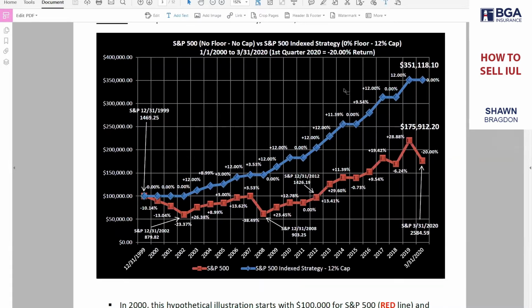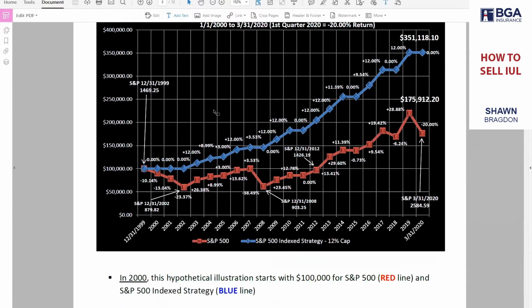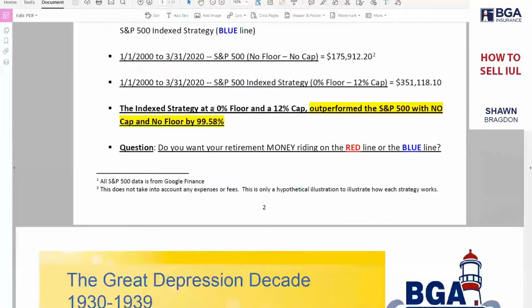By contrast, if you put the same $100,000 into an index UL, this blue line, and you have a zero floor and a 12% cap, and what that means in English is your return is always going to be between 0 and 12%, depending on what the S&P 500 does in this example. So we get some zeros out of the gate, got some 12s along the way. Over this 19-plus year time frame, our 100,000 grew to 351,000. A vast improvement over the S&P 500 at 175,000. Oh, and by the way, we will open this up for questions at the end of the presentation.